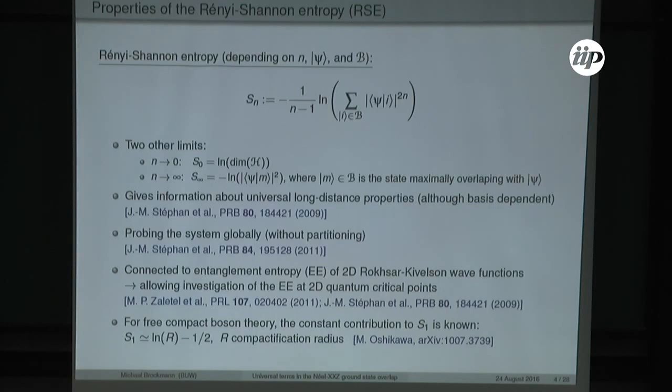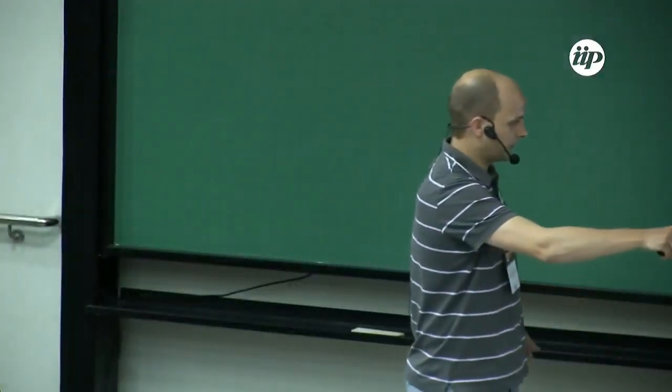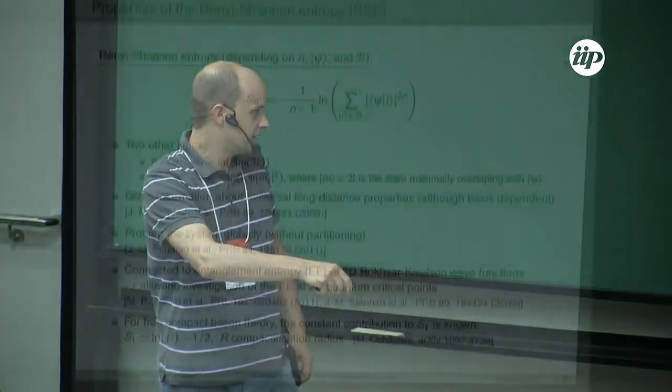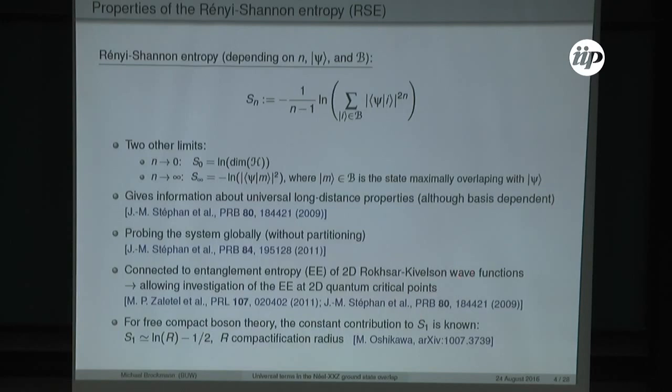For the entanglement entropy, you always have to choose a subsystem of your chain, and this is not necessary here. This is one advantage, and it is also connected to a certain entanglement entropy of a 2D system. Analyzing this Renyi-Shannon entropy then allows for an investigation of the entanglement entropy of this 2D system.